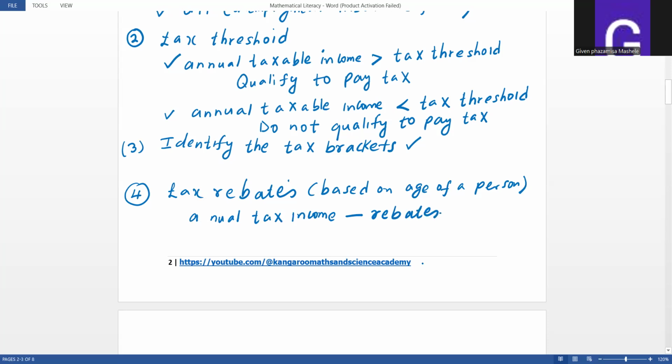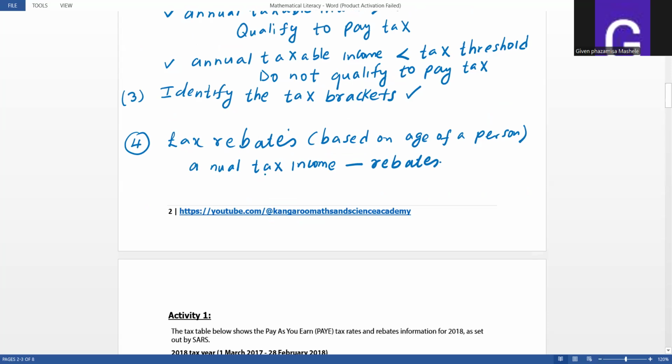After taking the annual tax and subtracting the rebates, we take this annual income tax and divide it by 12. Why dividing by 12? Dividing by 12 will give us what you call the monthly tax.